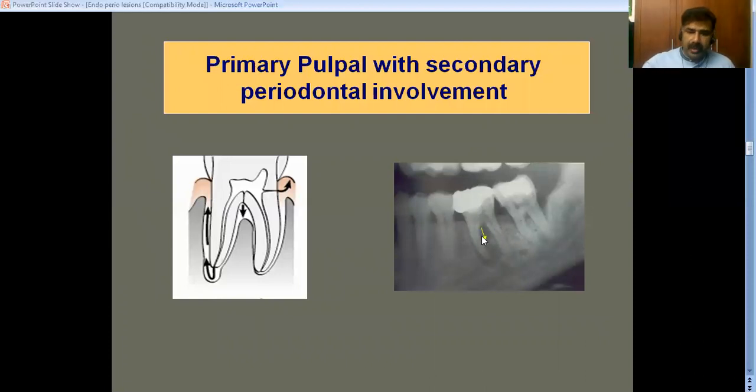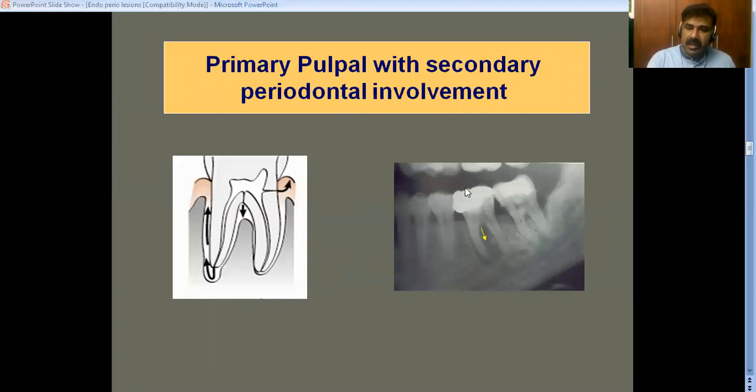You take a Nabers probe and probe that area, and you may find the furcation is involved. But is this furcation involvement caused by a pocket that extends to the apex of the root or to the furcation area? Or has it occurred as a result of an accessory canal opening into the furcation area, or probably an apical lesion?